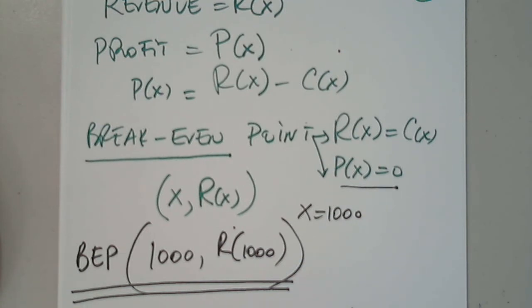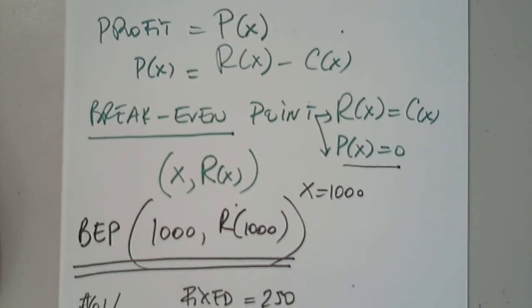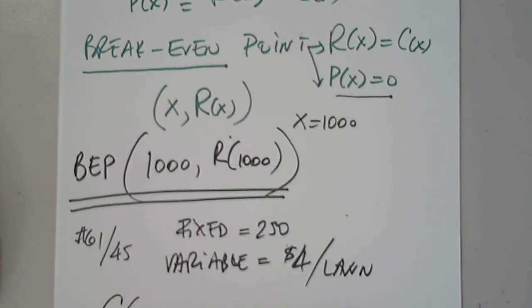Electricity and maintenance costs are $4 per lawn. So variable cost, $4 per lawn. Formulate a function C of x for the total cost of mowing x lawns. So can anyone give us a function C of x?